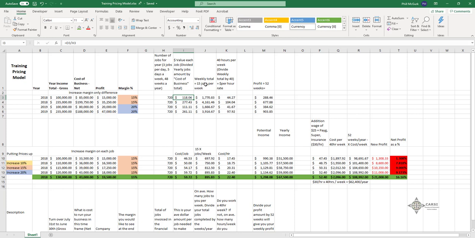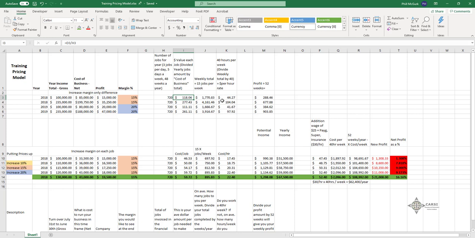We do 15 jobs per week. So we're going to multiply this number here, which is our per job cost, times 15, which gives us this number. Our weekly business costs or expenditure for our business is $1,770.83 per week.